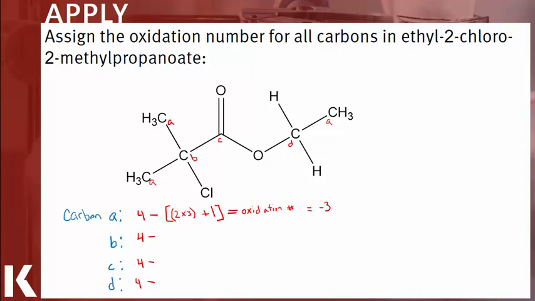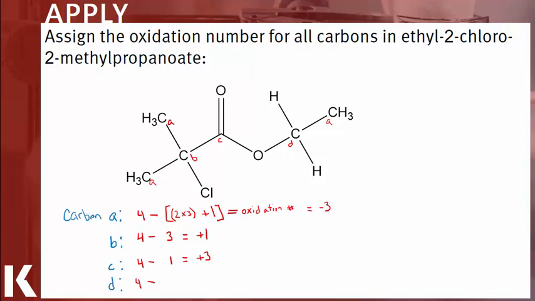It does get 1 electron from each of the 3 attached carbon atoms though, giving a total of 3 valence electrons. 4 minus 3 equals an oxidation number of +1. Carbon C is attached to 2 oxygens, both of which are more electronegative, so it gets no electrons from those atoms. This carbon C does get 1 electron from the attached carbon atom, giving a total of 1 valence electron. 4 minus 1 results in an oxidation number of +3.